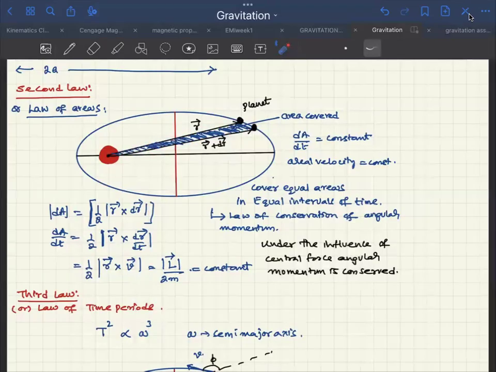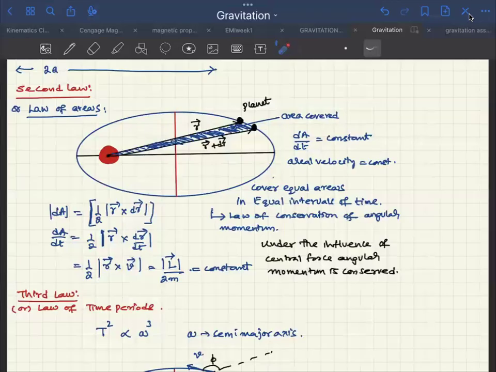What the second law states is, according to Kepler, every planet covers equal areas in equal intervals of time, or the areal velocity of a planet is a constant. Area covered dA by dt is a constant. Areal velocity is a constant, which means it covers equal areas in equal intervals of time.